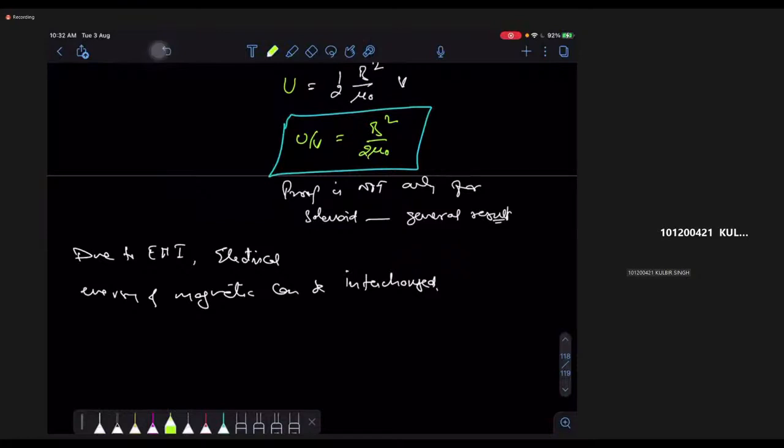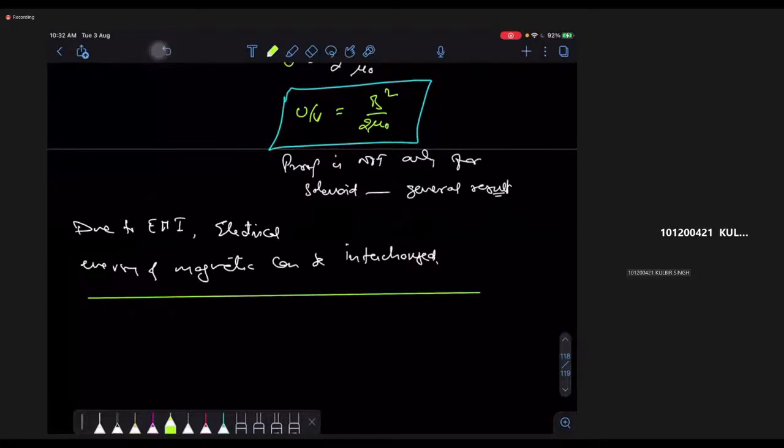The biggest example where that happens is oscillations. That's called an LC circuit. The LC circuit is the biggest example where electrical energy and magnetic energy are interconvertible. You can convert electrical energy into magnetic energy, or magnetic energy into electrical energy.